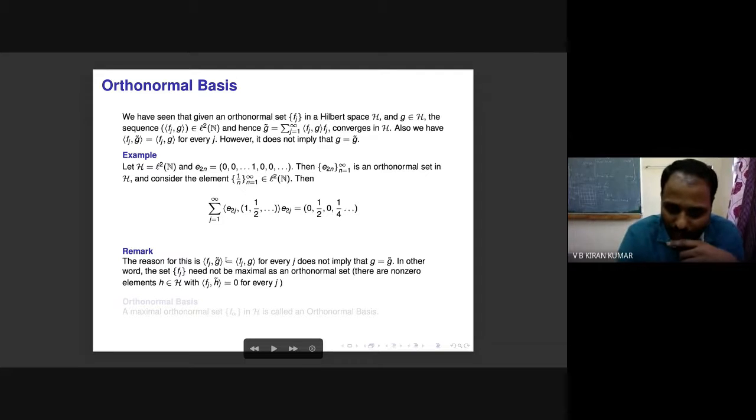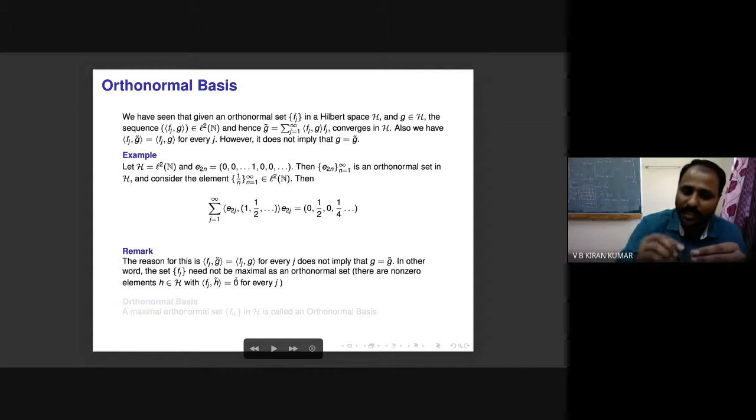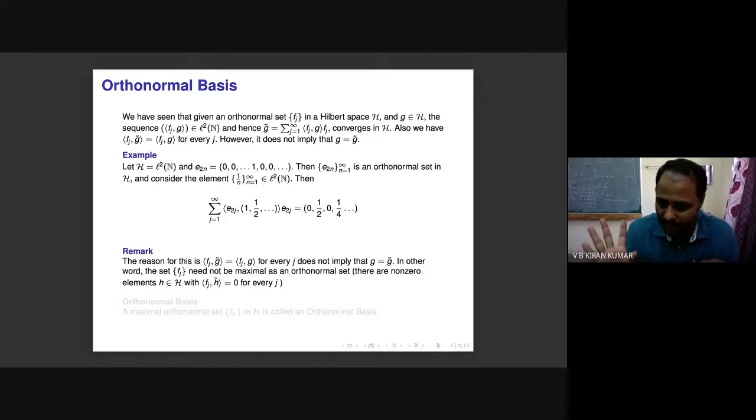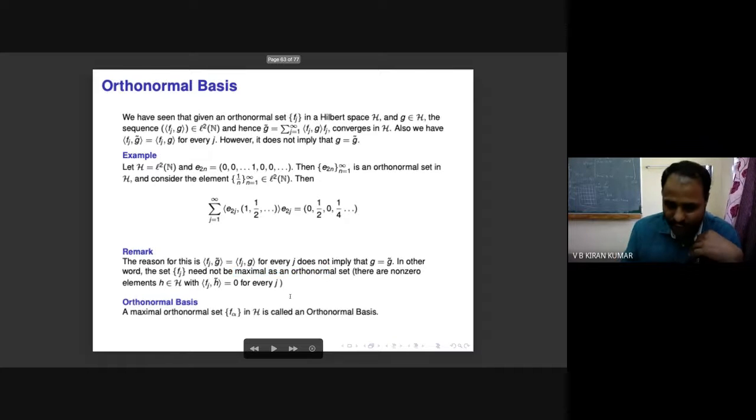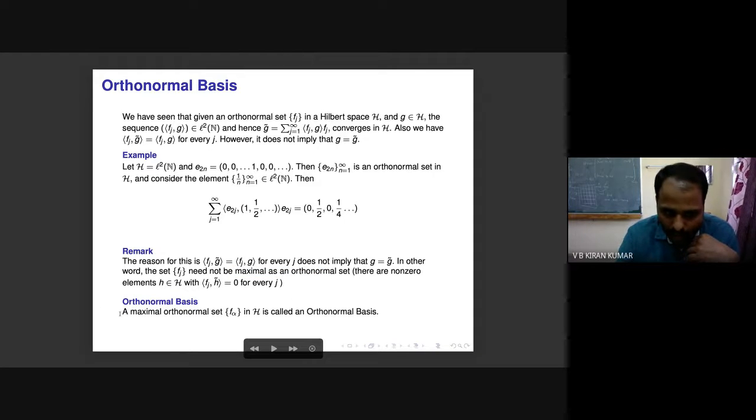If fj is maximal, then fj h tilde equals 0 for all j should imply that h tilde is equal to 0. That means the only element orthogonal to all the elements is the 0 element. So that is what you call a maximal orthonormal set. This is the definition: a maximal orthonormal set F alpha in H is called an orthonormal basis.